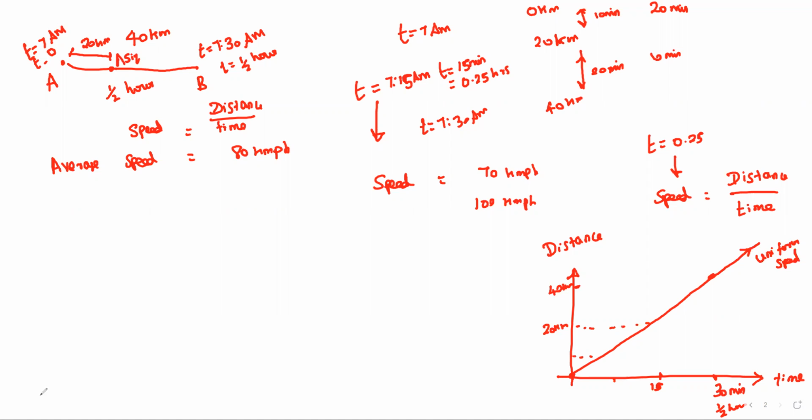But that is not the case. We can't travel at constant speed. Initially our speed will be low and after that high, or initially high and after that low. We don't know. So approximately, let me say this is my speed and distance graph.